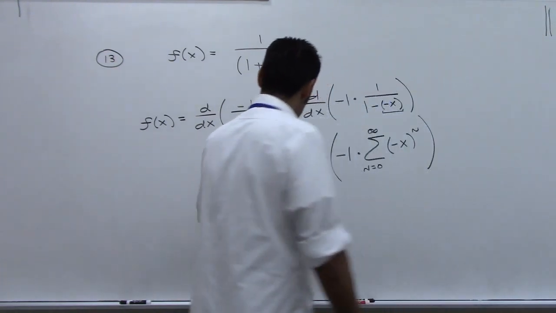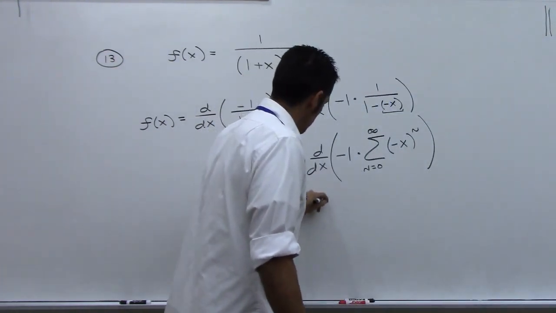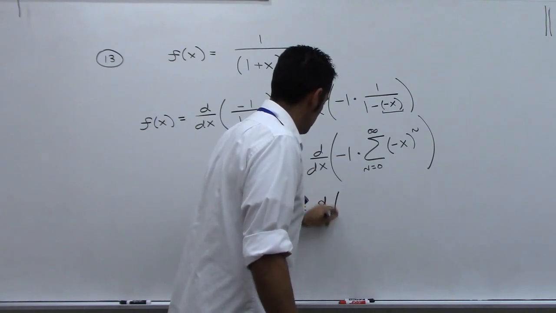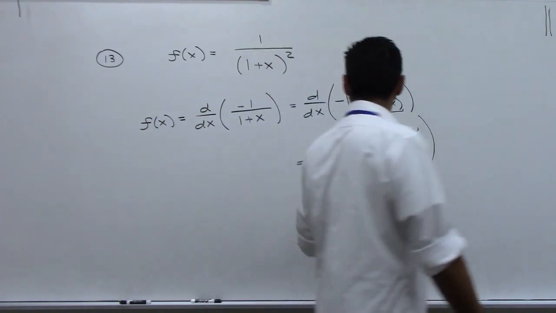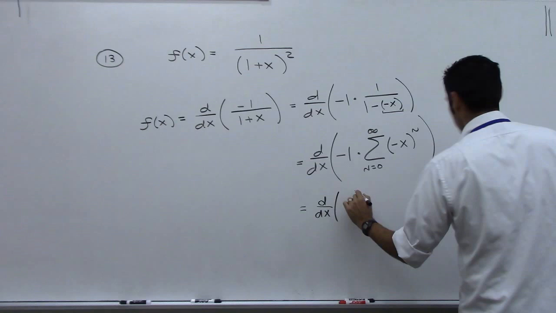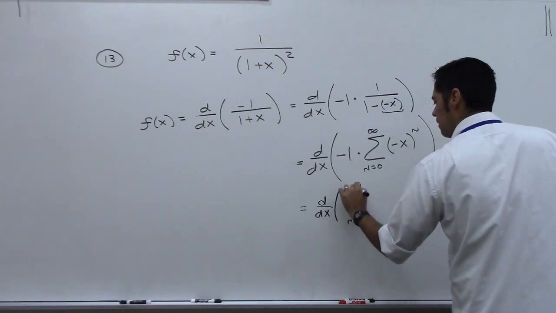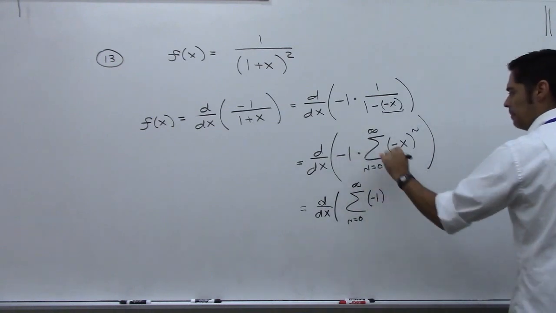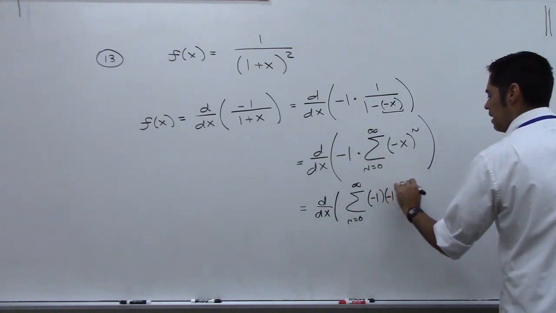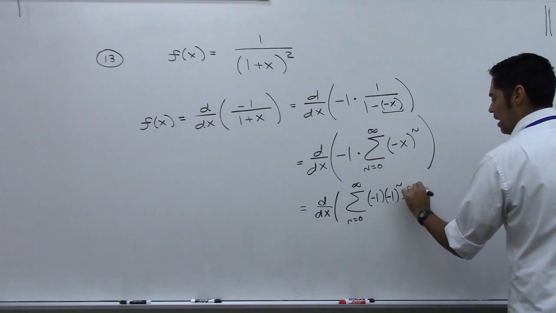And then the derivative with respect to x of, I'm going to peel that apart. I'm going to put the negative 1 inside. Sum from n equals 0 to infinity. I have the negative 1 coming in, I have a negative 1 to the n here, and then x to the n.